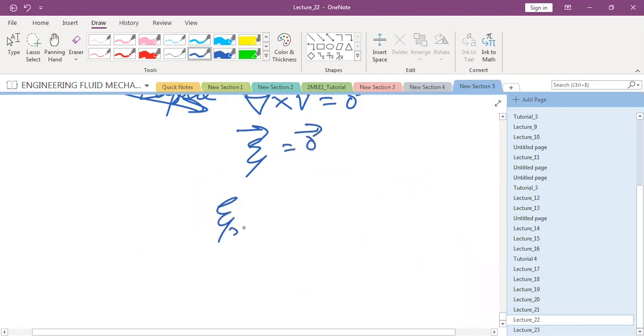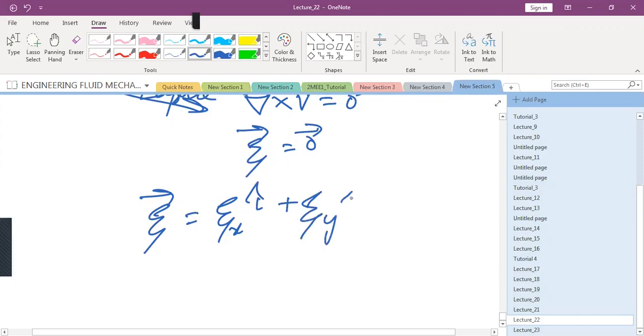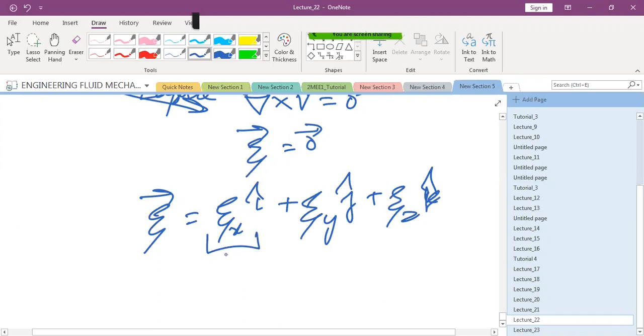What is zeta? Zeta is zeta x i cap plus zeta y j cap plus zeta z k cap. What is zeta x?